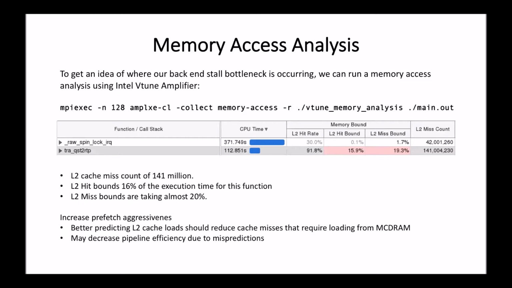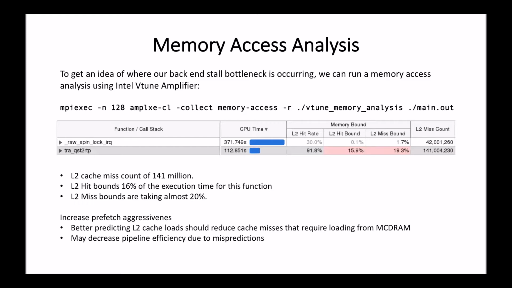And in the result, if we look here in this table, the second line shows our bottleneck function. We see that we have 141 million L2 miss counts, and it says that we are 19.3% L2 miss bound and 15.9% L2 hit bound.